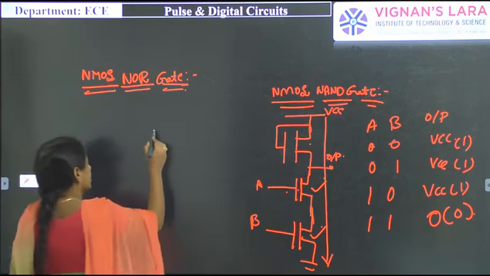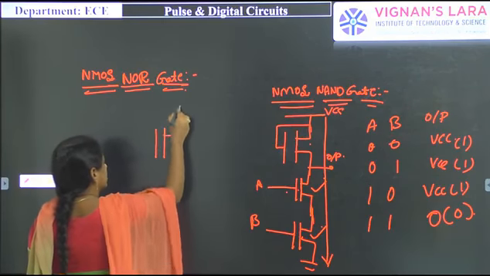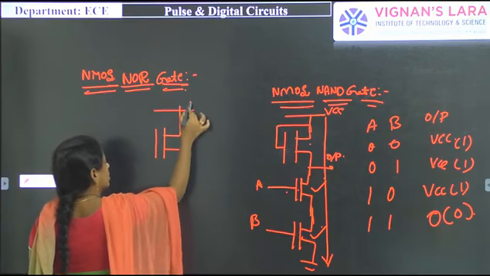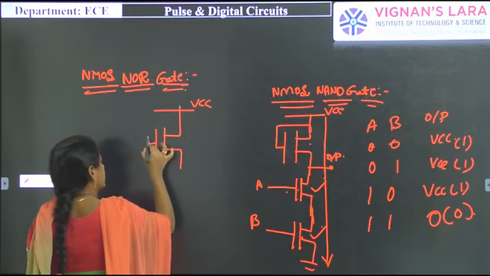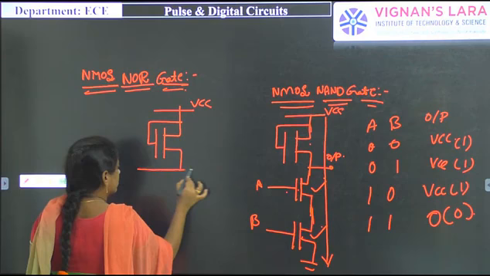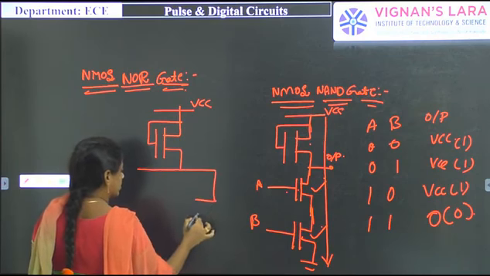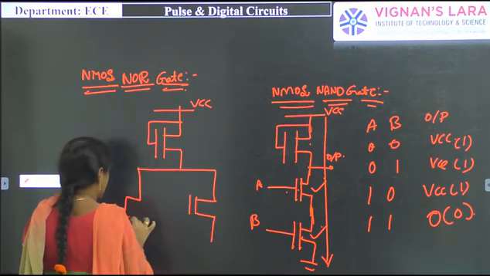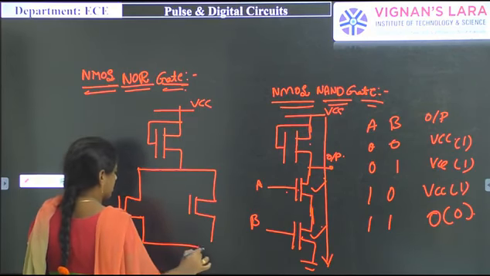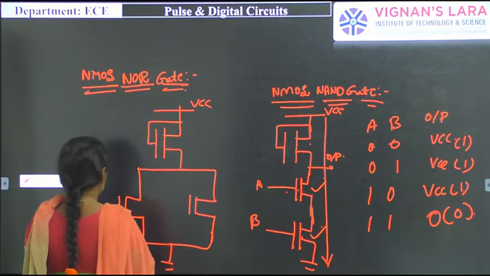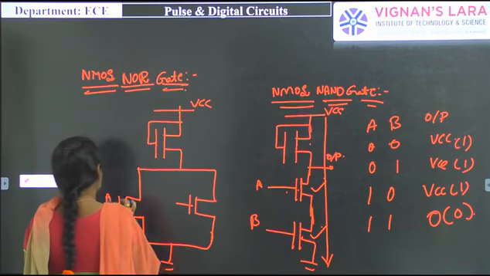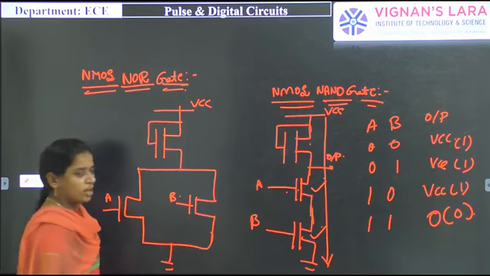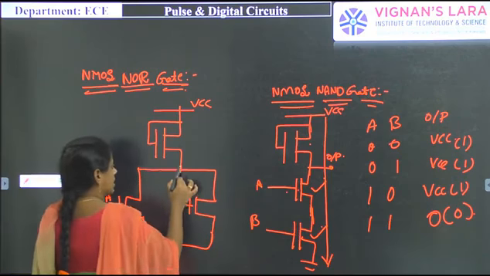That is the only difference. Ground, and A and B. Here we have to connect A and B, and the output is taken here.